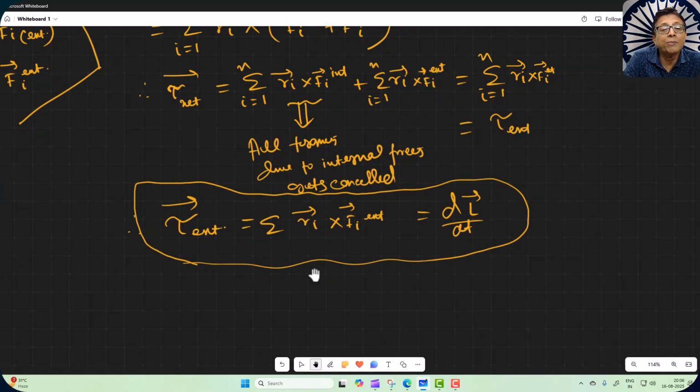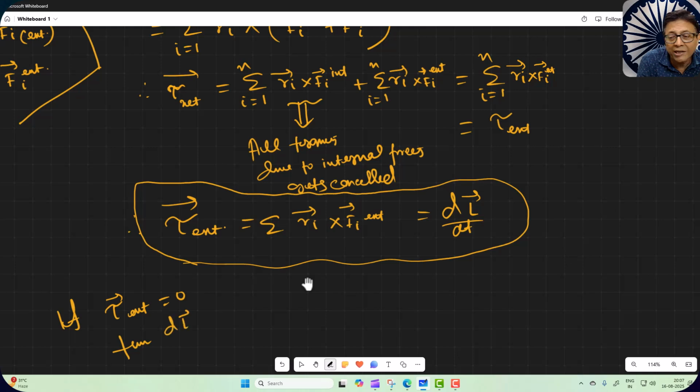Now, on a rigid body, the system of particles may be reduced to that rigid body. Now, if tau external is dL by dt, now assume for a system of particles, let me define first: if tau external is 0, then dL by dt equal to 0.